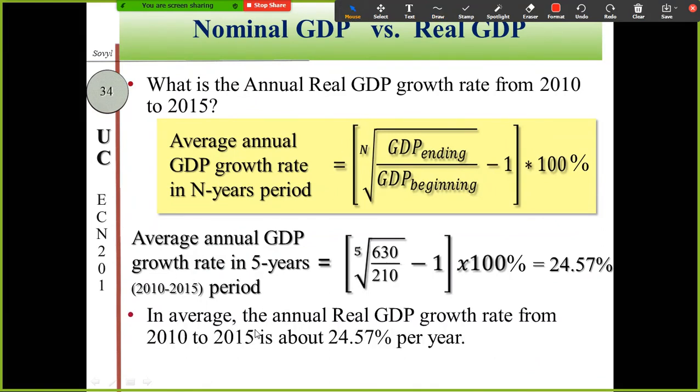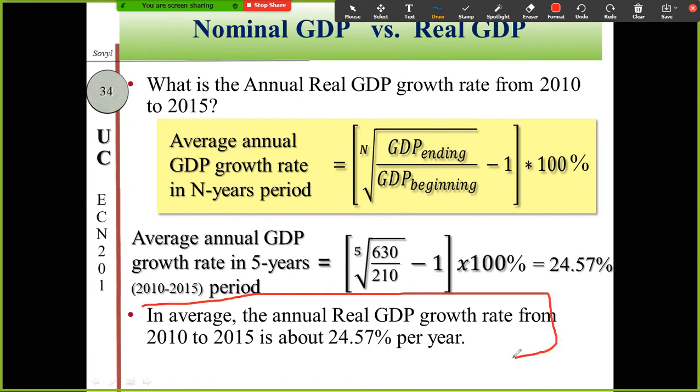In average, the annual real GDP growth rate from 2010 to 2015 is about 24.57% per year. Okay, make note of this one. This explanation is a little bit wrong. Why is it a little bit wrong?